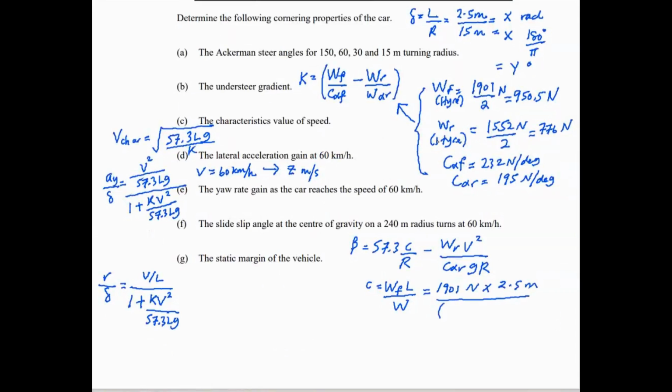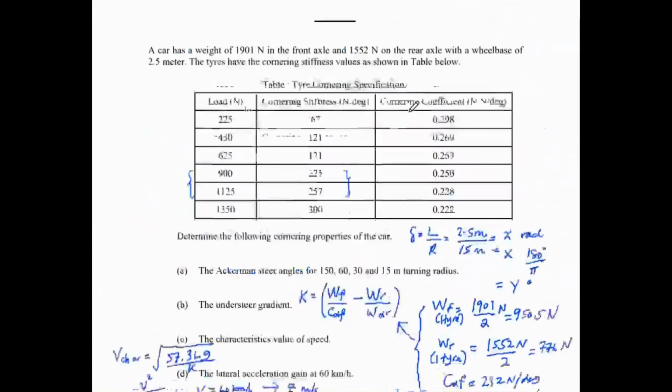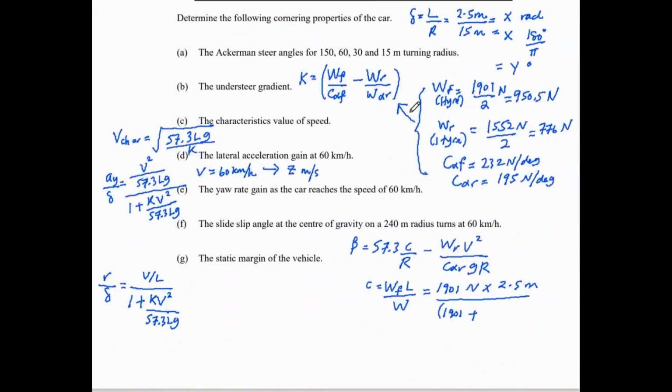How to determine the vehicle weight? Just add the front axle weight and the rear axle weight, 1552. R is the turning radius, and the value is 250.